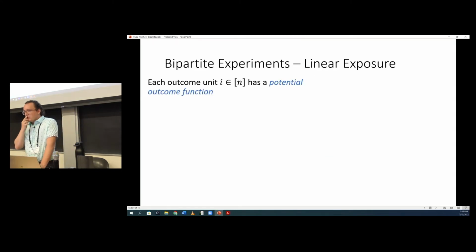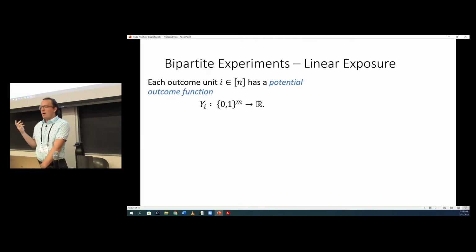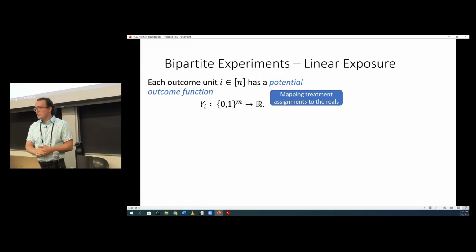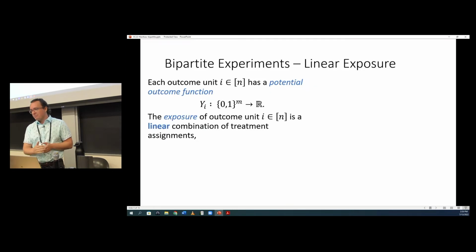OK, so let's talk about the linear exposure and what the outcome functions are. So every outcome unit has a potential outcome function. We'll call it yi, and it maps the treatment assignment vector, how all of the power plants received their treatment, to the reals. And this is mapping treatments to outcomes here. That's what yi is.